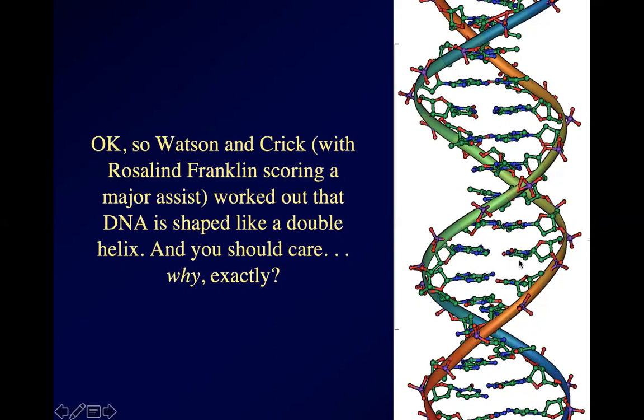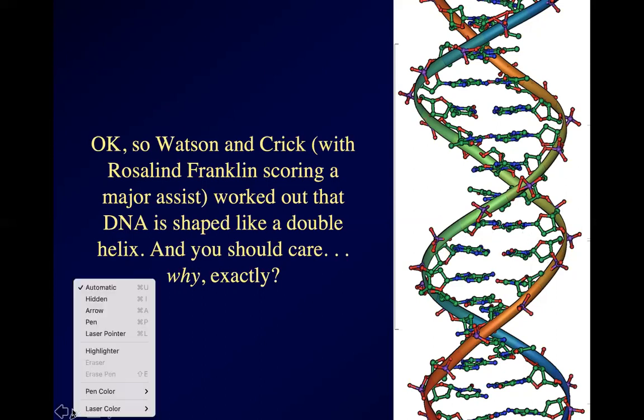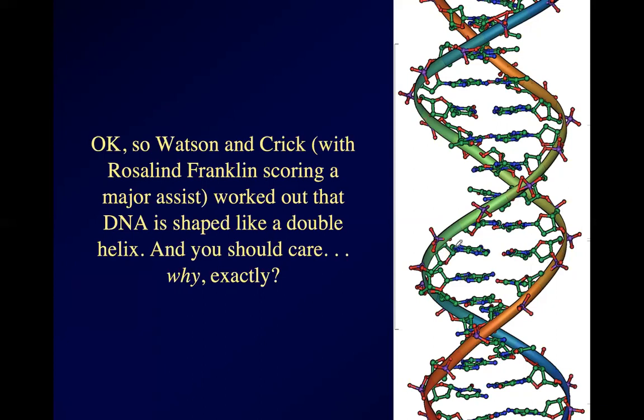In this diagram, the sugars and phosphates have just been replaced with this ribbon, but you can see how the bases are these spiky things that are sticking out and bonding with each other and forming these hydrogen bonds that make up the rungs of this twisted ladder shape.